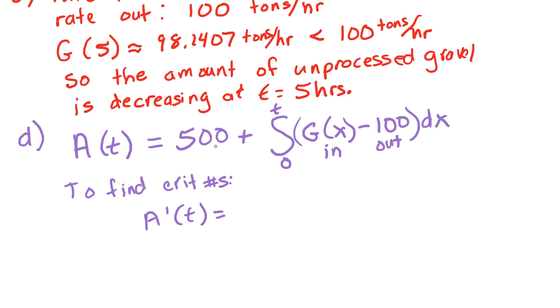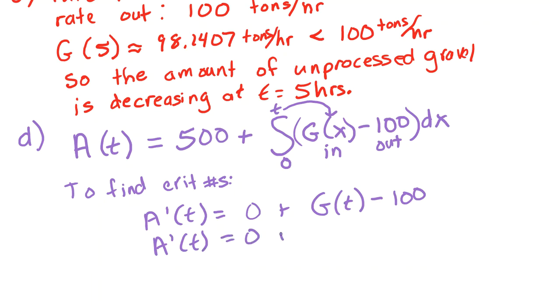So the derivative of 500 is 0, and the derivative of this integral, this is our fundamental theorem, so we can see that that's going to be right back to g of t minus 100. So we want to set this equal to 0 to find our critical numbers. A prime of t is equal to 0 when g of t equals 100, right?